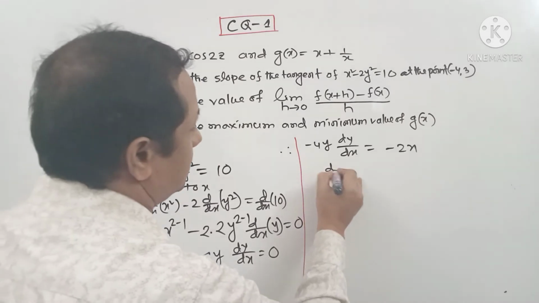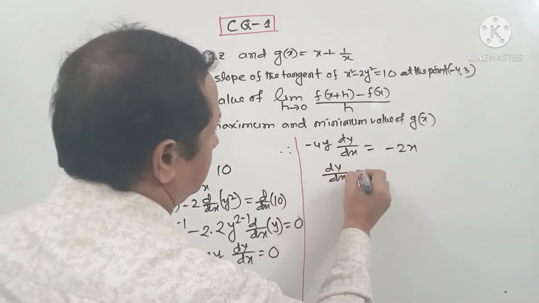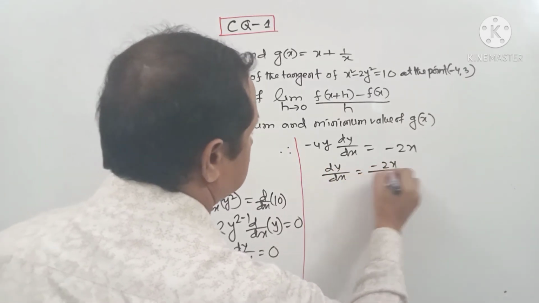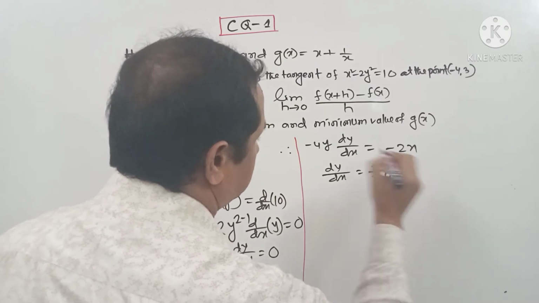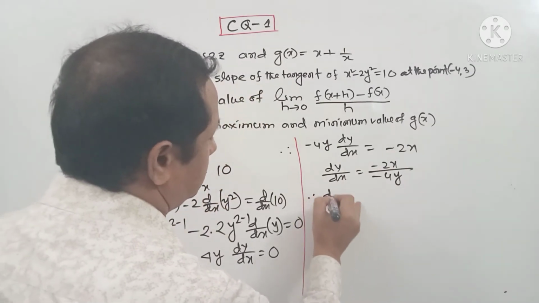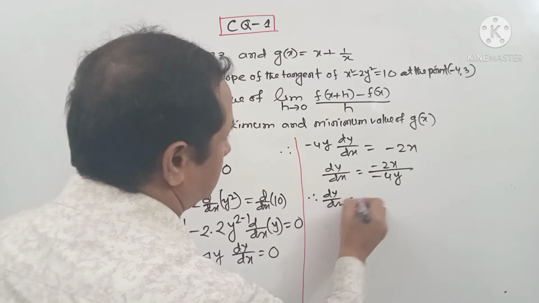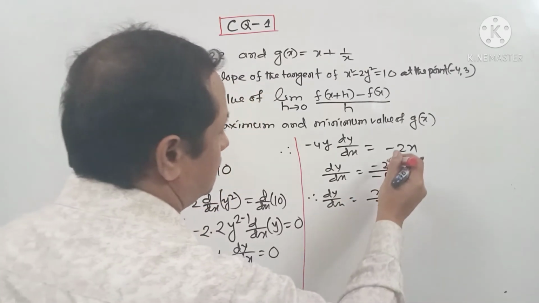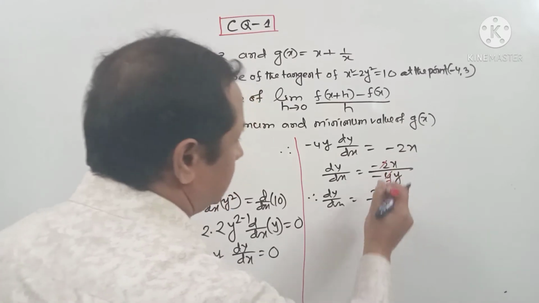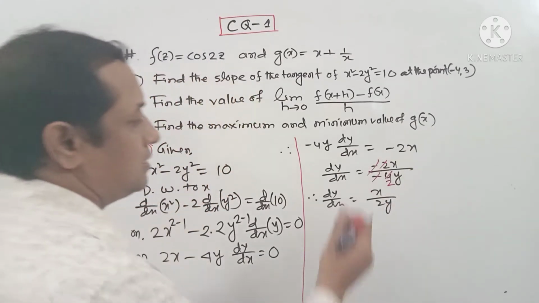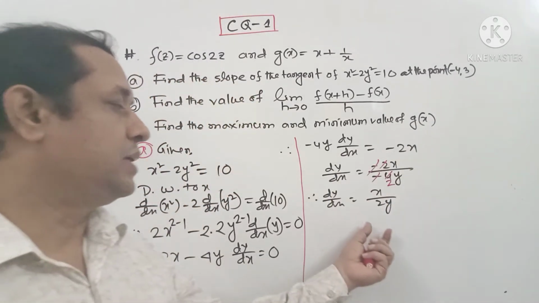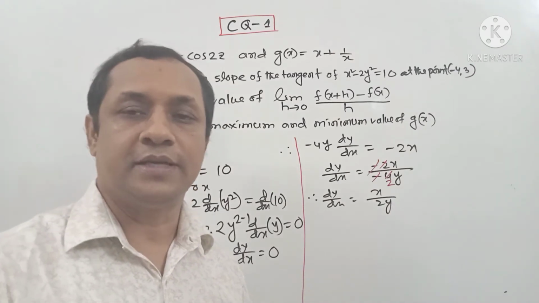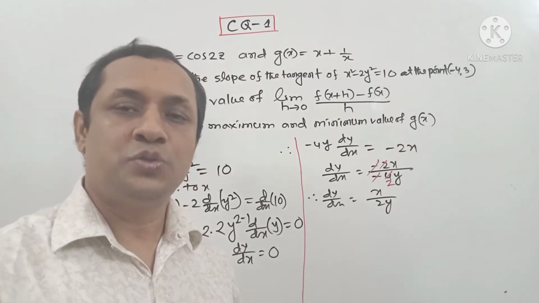Then dy dx equals minus 2x by minus 4y. Here 2 and 4 cancel, and minus minus cancel, so we have x by 2y. So dy dx equals x by 2y.